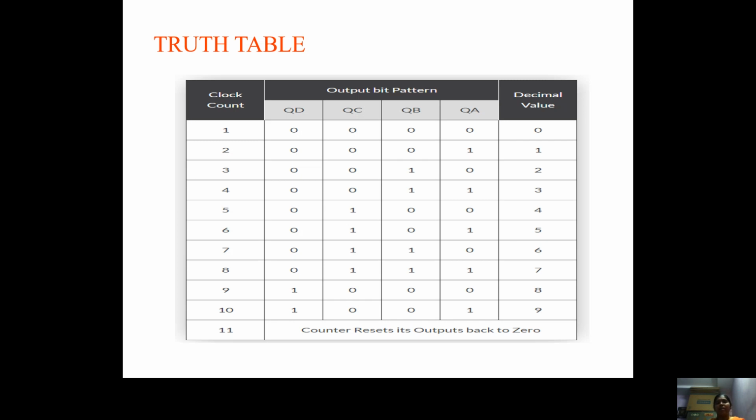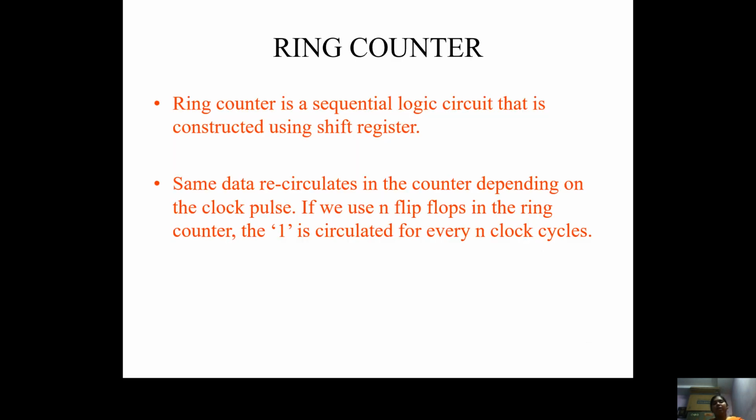What is a ring counter? What are the advantages of ring and twisted ring counters? A ring counter is a sequential circuit constructed using a shift register. As we discussed previously, a shift register is able to perform either left shift or right shift operation.